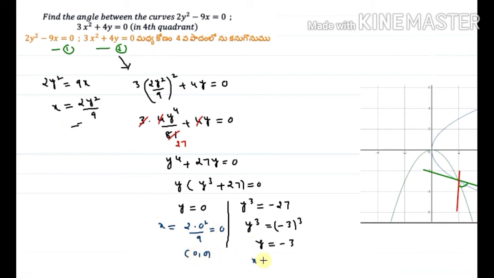Now for the other one, x is equal to 2 into y square, minus 3 whole square, 9, divided by 9. Here 9 cancels. So I will get another point here: the x value is 2 and the y value is minus 3. Therefore another coordinate is here.